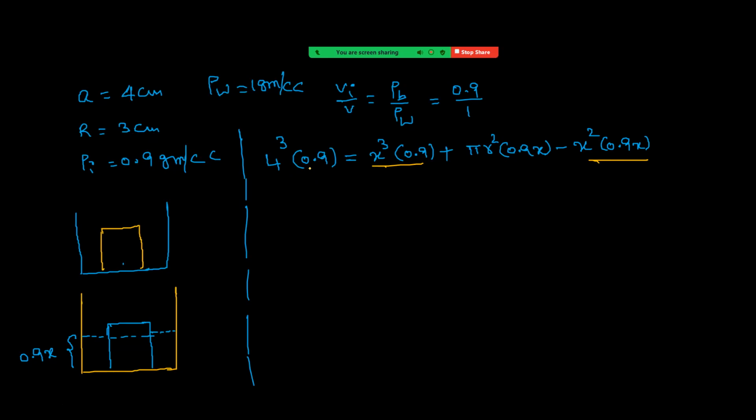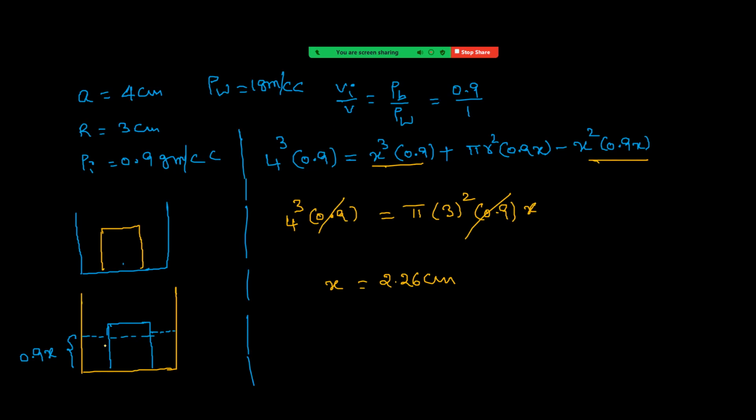Remaining only 4 cube into 0.9, that is equal to pi r square, 3 square, into 0.9x. 0.9 cancelled. x equal to, it is a simple calculation, right? So making the calculation, we are going to get 2.26 centimeter.